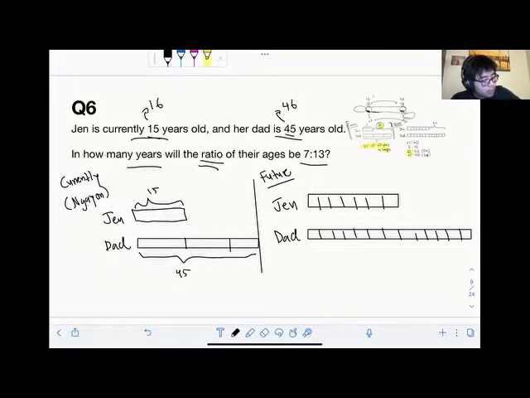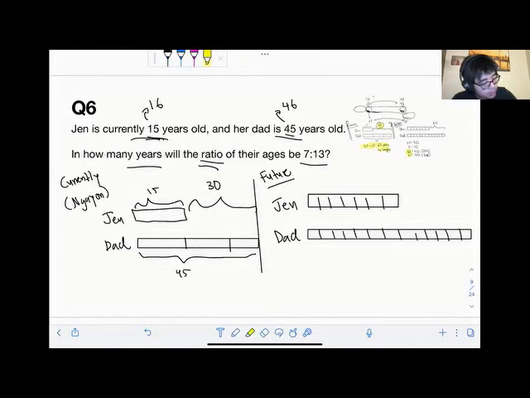Yung ratio kasi ay hindi siya yung constant natin. Yung constant natin sa ages is kung si Jen ay ngayon 30 years younger kaysa kay dad. Kahit next year, lagi po si Jen will always be 30 years younger than dad, no?